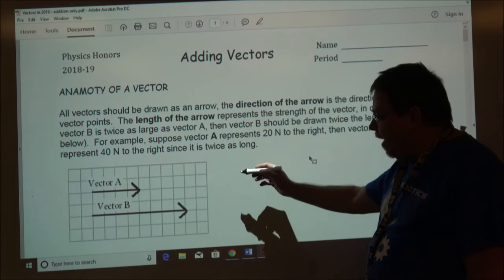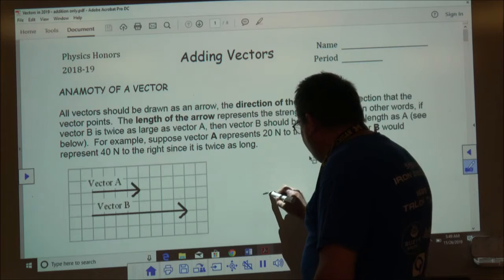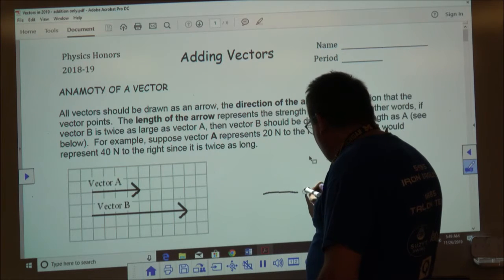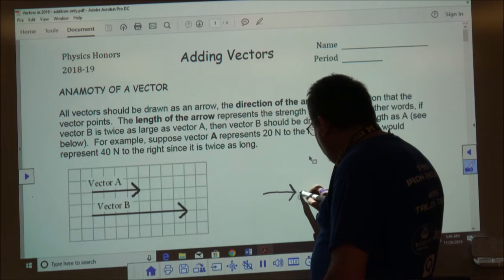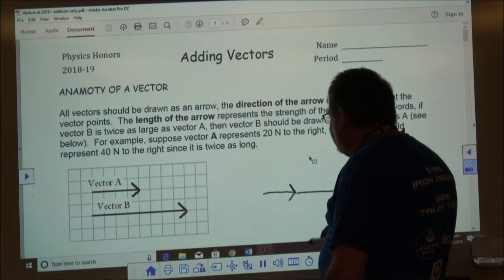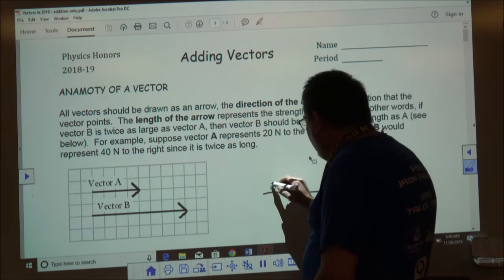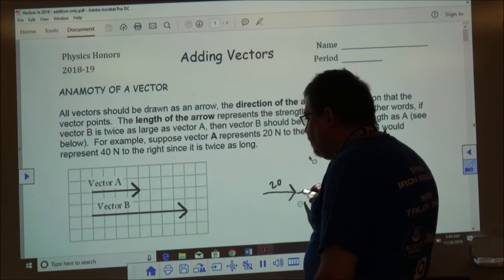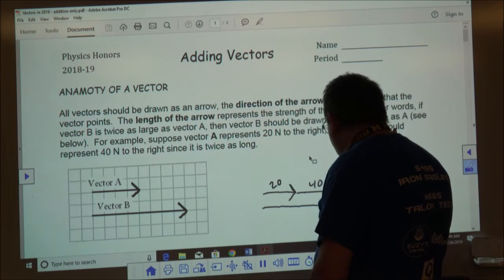If I were to add vector A to vector B, all I would have to do is put vector A, and then add to it vector B, which is twice as long. So if this one were 20 newtons and this one were 40 newtons, the sum of the two vectors is a vector that's 60 newtons.